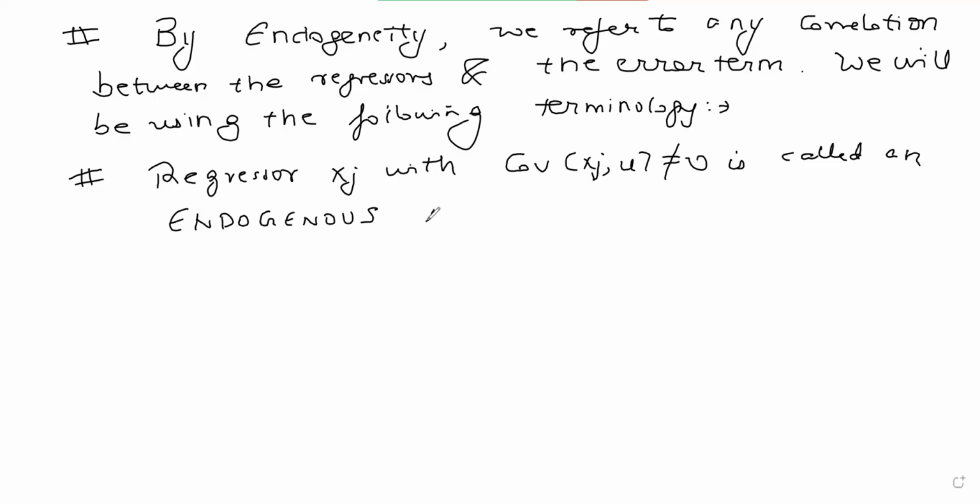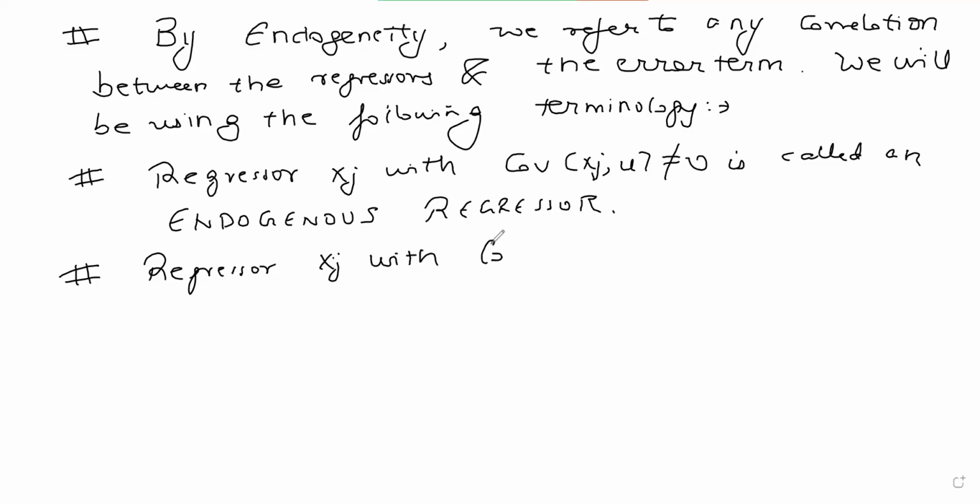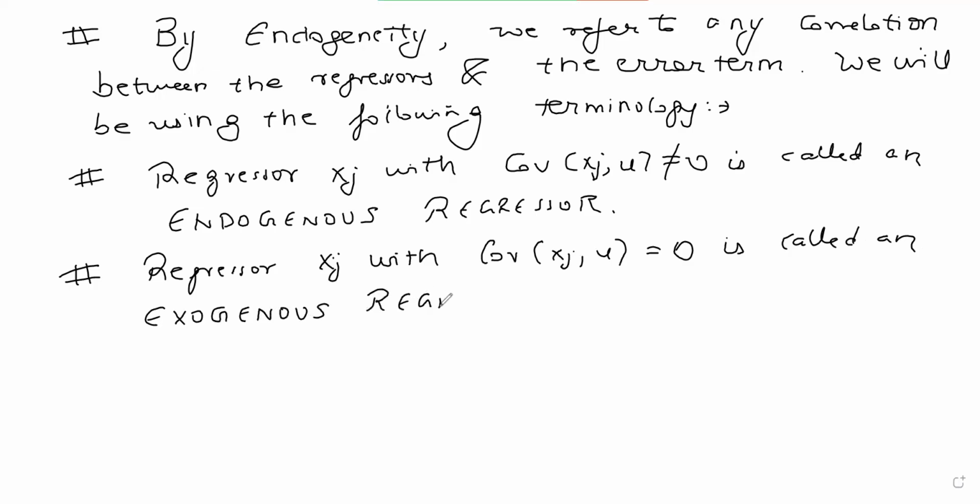And I can further write that a regressor xj with the covariance between xj and u exactly equal to 0 is called an exogenous regressor.